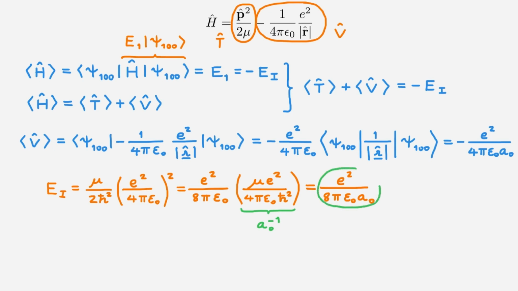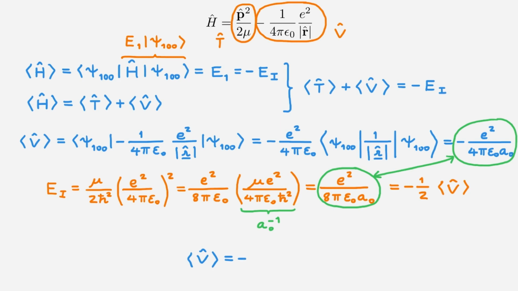If we now compare this expression with this expression, we can conclude that the ionization energy is equal to minus 1/2 times the expectation value of the potential energy. And finally, we can write that the expectation value of the potential energy is equal to minus twice the ionization energy.